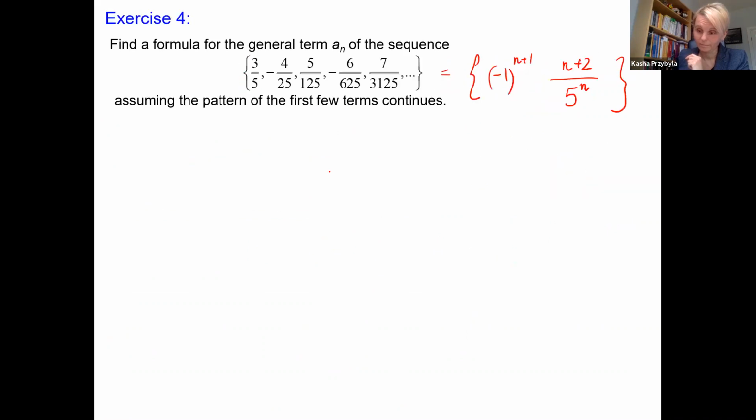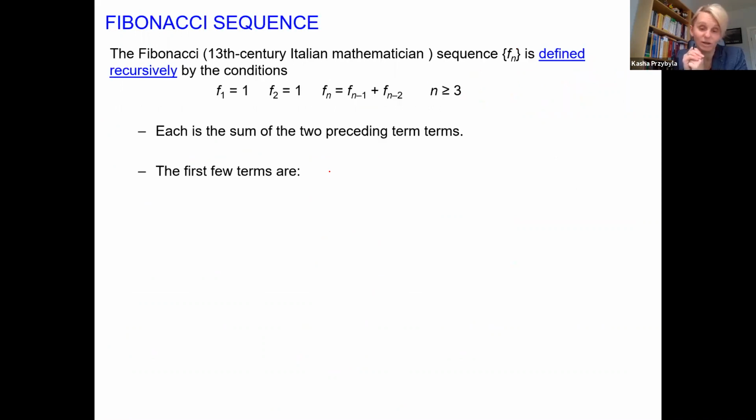If everything is in terms of n, that's perfect, the easier way. But we may have a sequence which is defined recursively. What this means is it's not defined in terms of n; one of the terms is defined in terms of the other terms of the same sequence, which of course we still don't know.